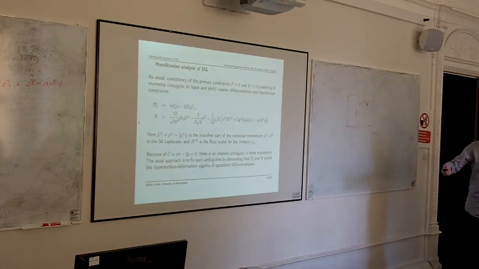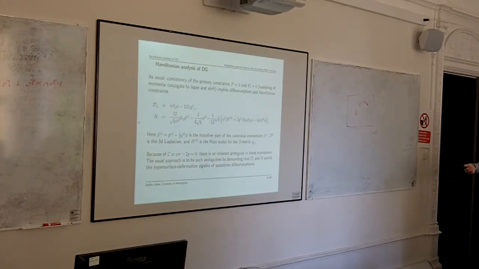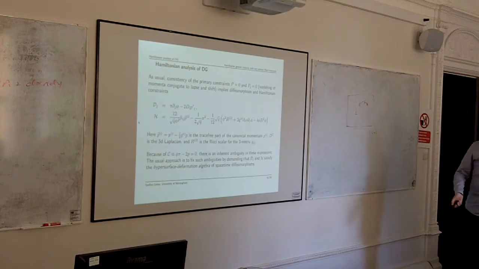The point is that because of this primary constraint, there's now an ambiguity in these expressions, right? So here I have this term involving pi, the momentum of the scalar, but I could have replaced that using this constraint, in terms of p over phi, for example. So I have this freedom of substituting variables in writing down the constraints.